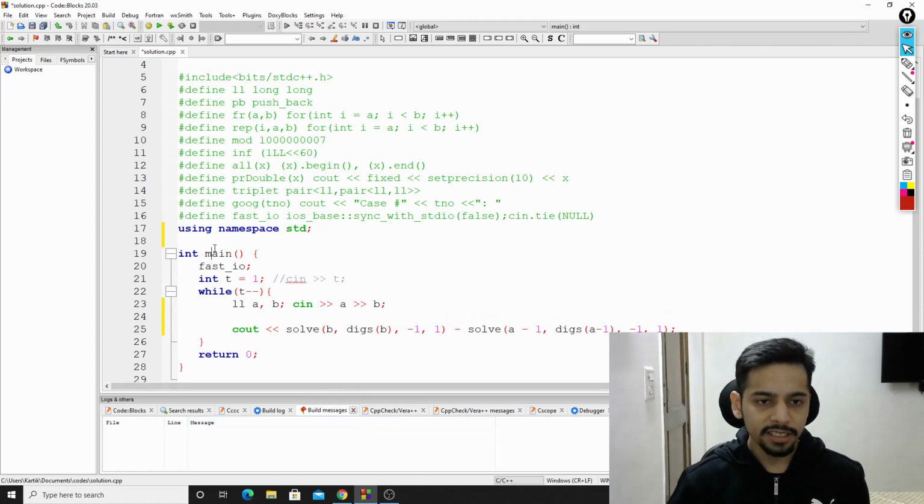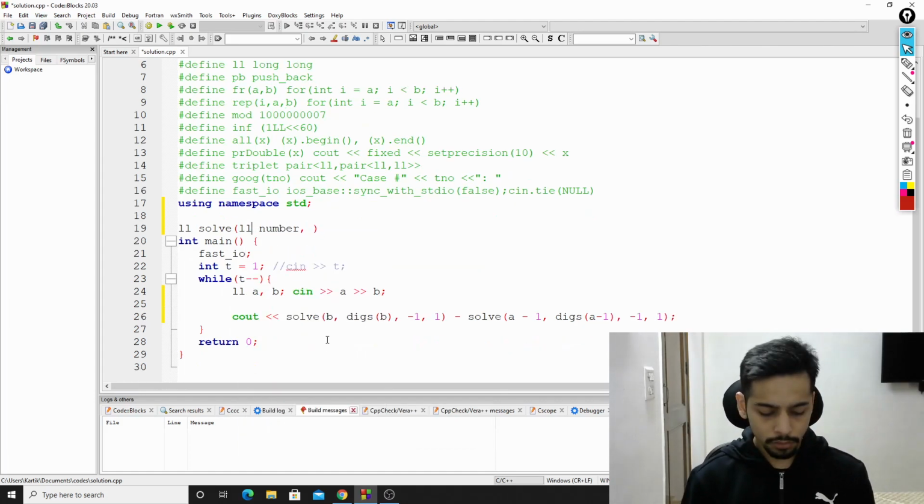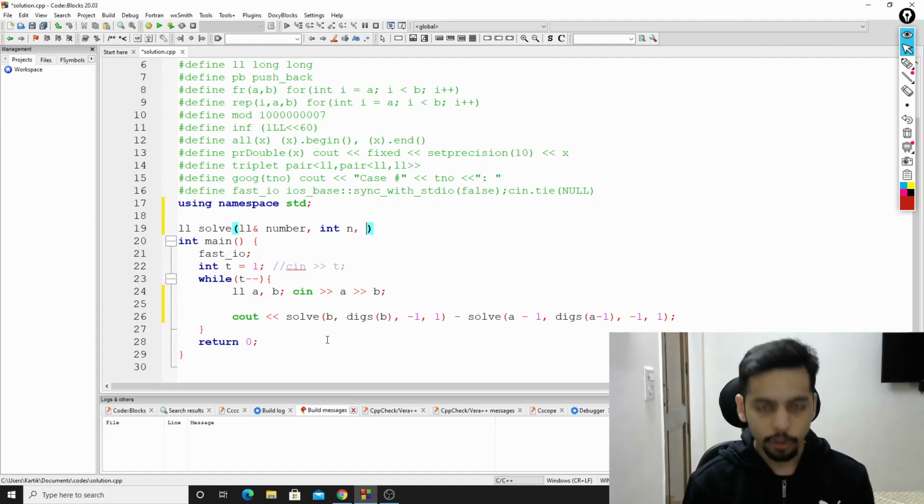Okay. Let me create this solve function. This is going to return a long long. Take a long long for my number, the digits, what digit number I'm trying to produce right now. So I'm trying to produce an n digit number, and then my leftmost digit could not equal what is specified by x.